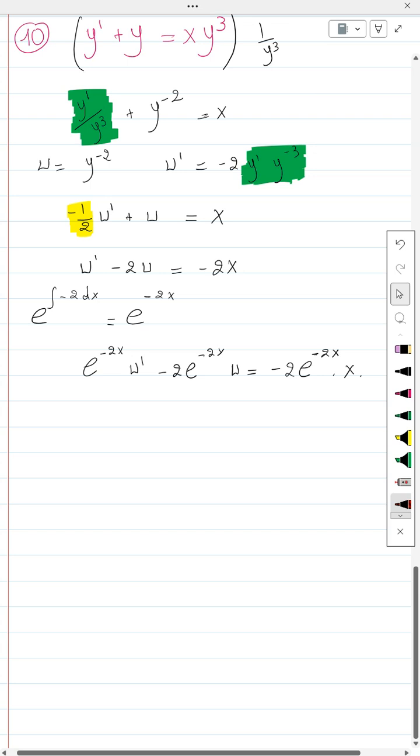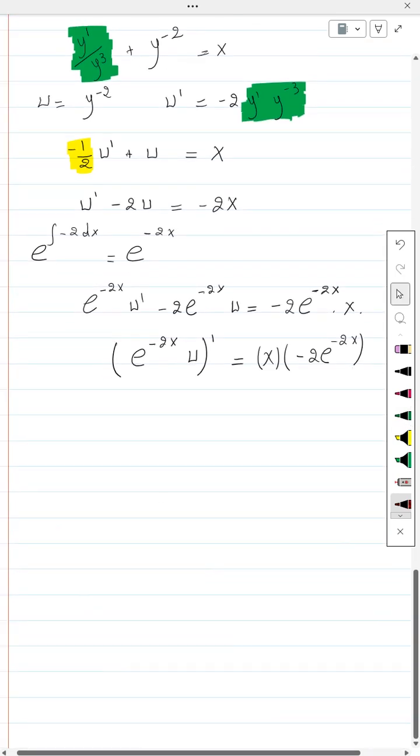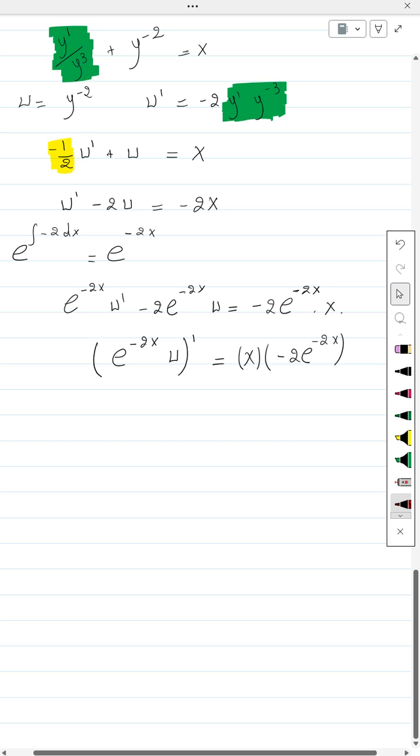So as you can see here, this is the derivative of the product of exponential minus 2x and u, all prime, and it is going to be equal to minus 2x exponential minus 2x. So by integrating both sides, we're going to obtain exponential minus 2x u.